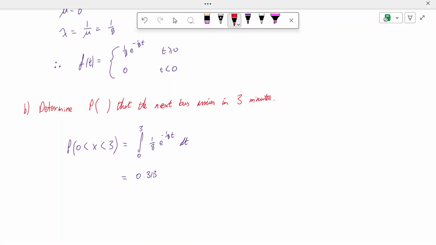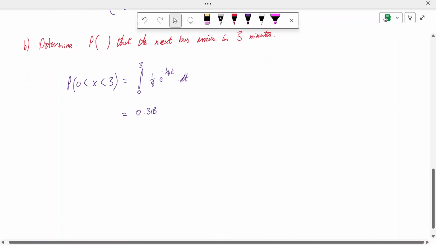Now the next thing that we might do is we might be interested in the probability that the bus won't arrive within a particular amount of time. So this first example in B, we just looked at, well, what's the chance of it arriving between 2 values, nice and simple.